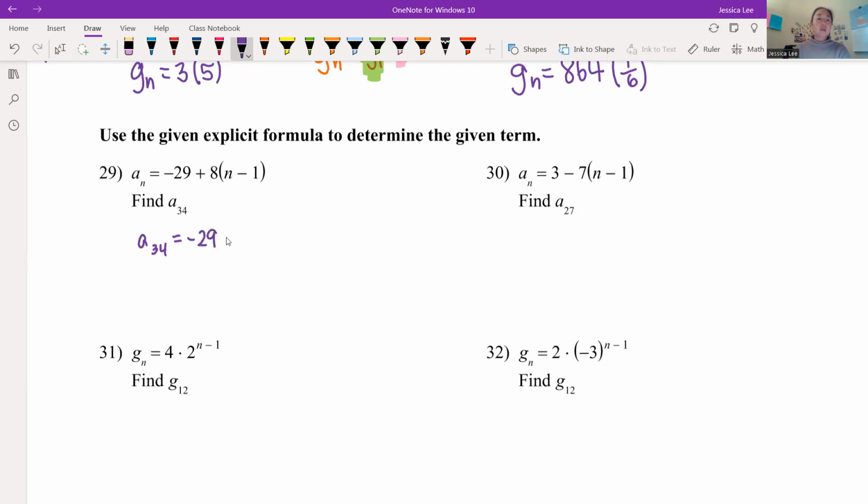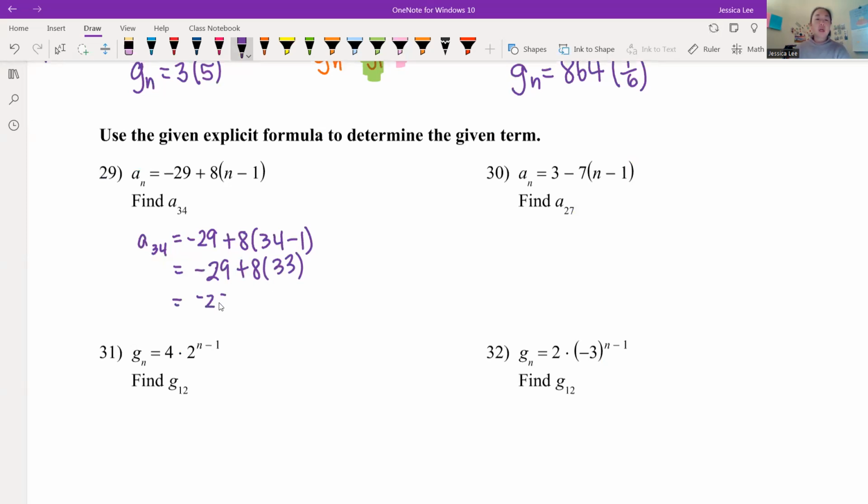So negative 29 plus 8 times 34 minus 1. Now, again, we're going to do order of operations. So I have parentheses here first, so I'm going to do that. Negative 29 plus 8 times 33. All right, and then I'm going to multiply next.